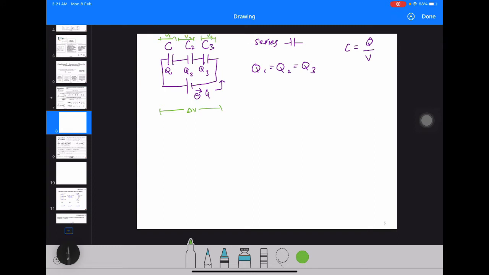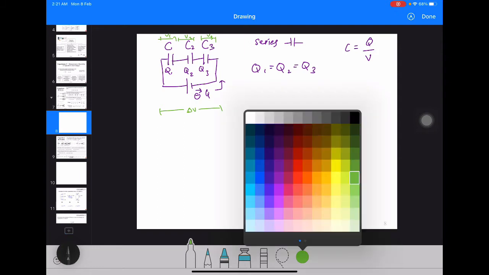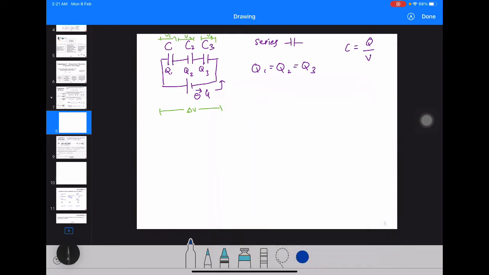So the total potential difference is equivalent to V1 plus V2 plus V3. So maybe I can write V total or V terminal. So I can just write VT over here equals V1 plus V2 plus V3.